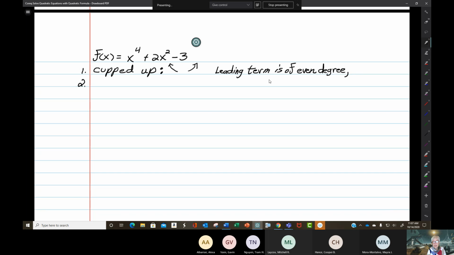And the leading coefficient is positive. What leading coefficient? This invisible +1 right there. The leading coefficient is positive. For those two reasons, coefficient. That means work together in Latin. Might mean the same thing in Greek, I don't know. So when you have these two things working together, you're going to have a cupped up on the ends polynomial.